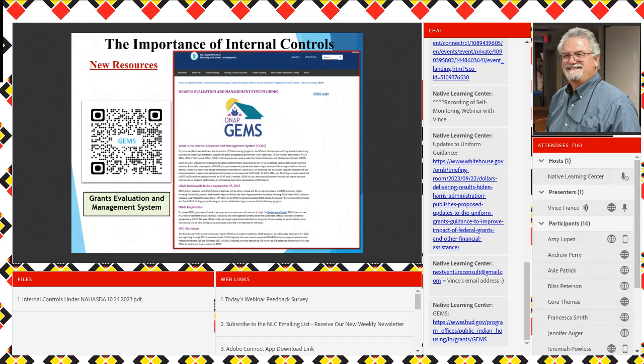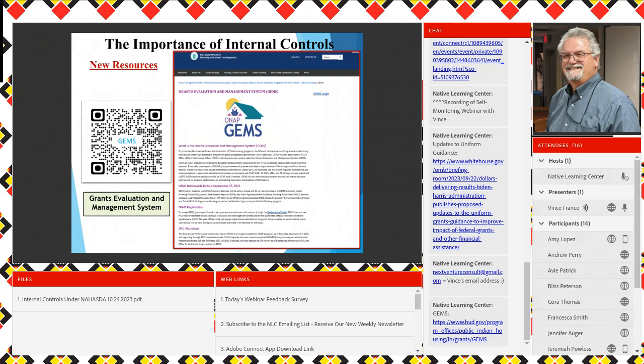The reporting process has gone from Word document to Excel sheet to the EPIC program, which was in place up to about not even a month ago. And now we have what's called the GEMS program, which was rolled out by HUD's ONAP office literally less than a month ago, with a very short turnaround time for the IHP and the APR to now be submitted through the online GEMS system.